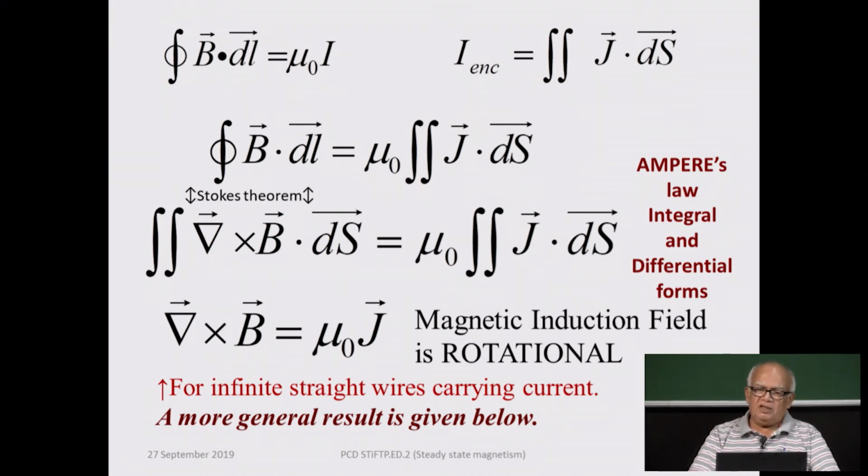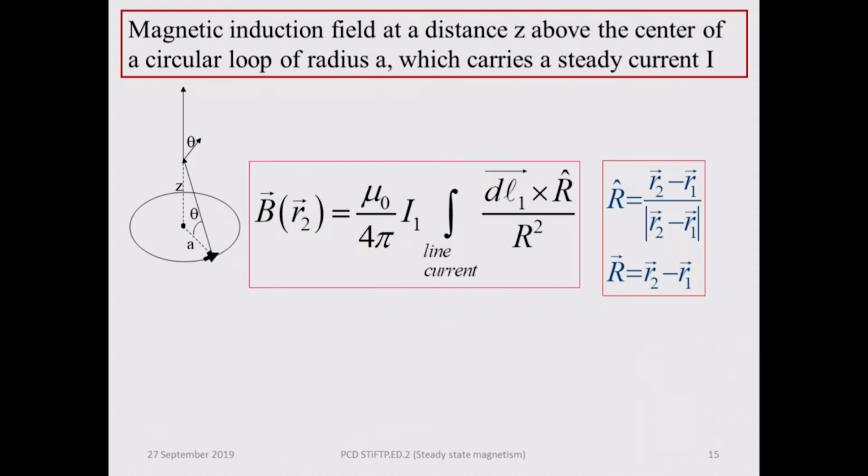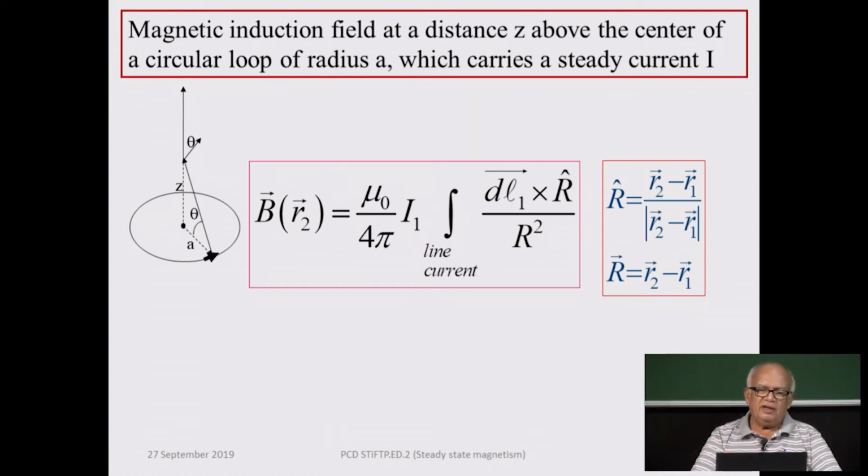So, this is the Ampere's law in integral and differential forms for infinite straight wires, and now we can use the Biot-Savart law for other circuit elements. You can have current in a circular path in a flat plane. Now, this is no longer an infinite straight wire, so it is not the same geometry as earlier, but it is still a simple geometry, okay.